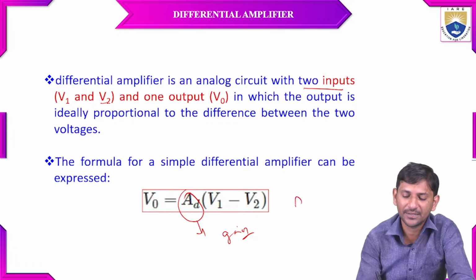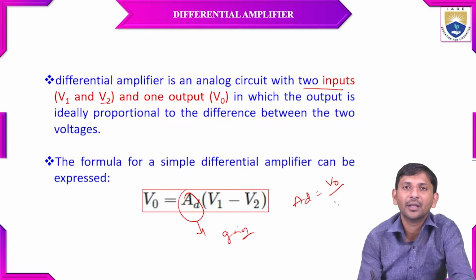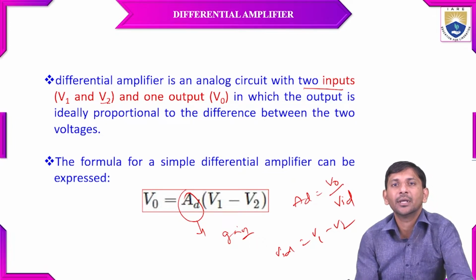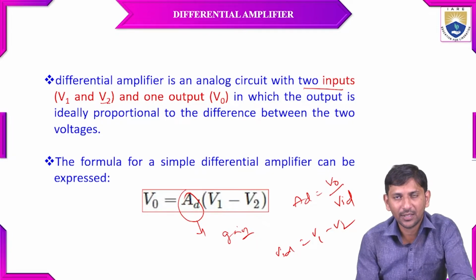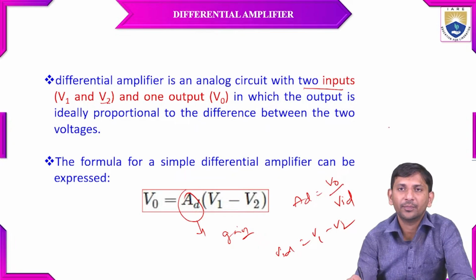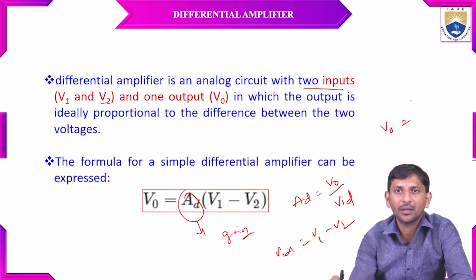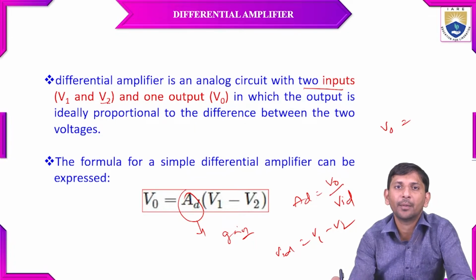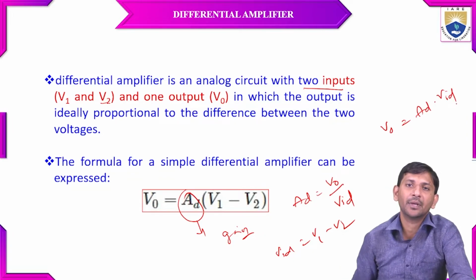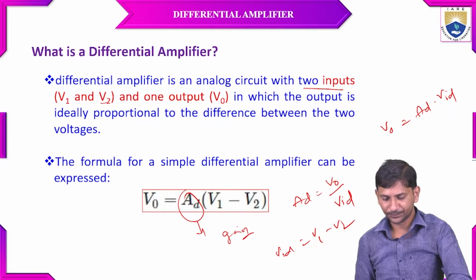The gain AD is the output divided by the difference of the inputs, where VID is V1 minus V2, the differential voltage of the input voltages applied to the Q1 and Q2 transistors. The output is expressed as the product of the gain with the difference between the two applied input voltages: V0 equals AD times VID, where VID is V1 minus V2.